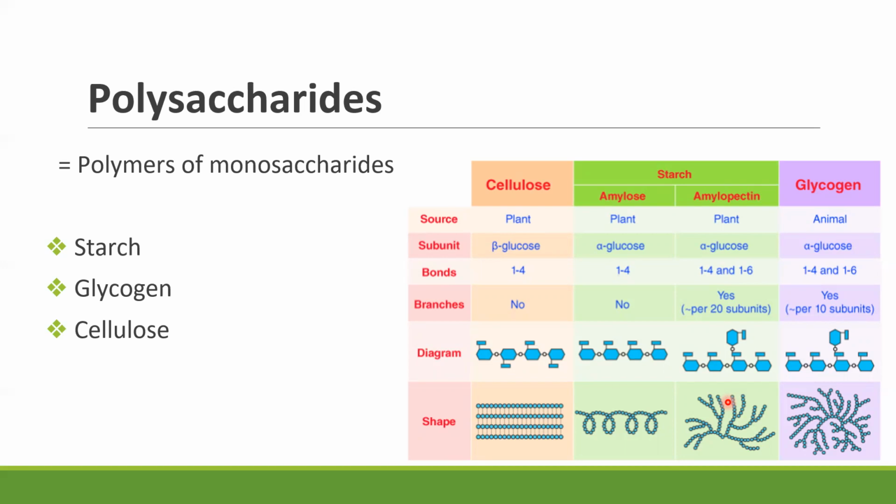Examples of the polysaccharides are the starch, the glycogen, and the cellulose. The starch and the cellulose are found in plants, but the glycogen is the storage form of the glucose, and it is found in animals, like humans, every animal.